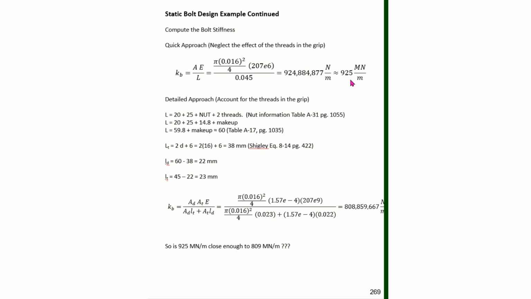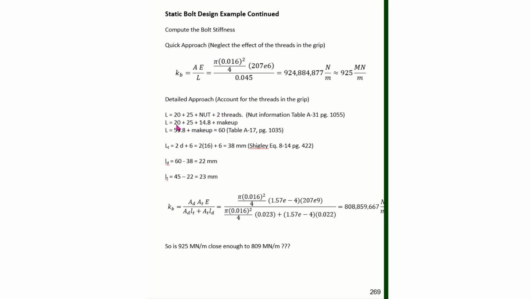Now let's be careful about how we compute K_B and do the detailed approach. Here we have L, and the length will be the 20 for the top cap, 25 for the thickness of the cylinder. Then we have the nut, and then we're going to use 2 threads past the nut.